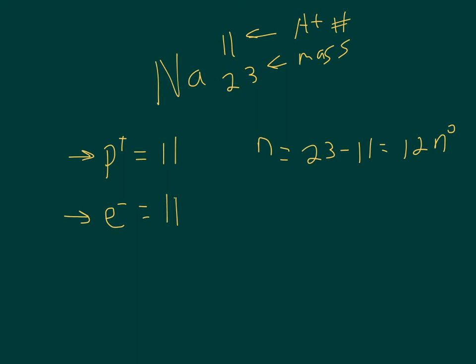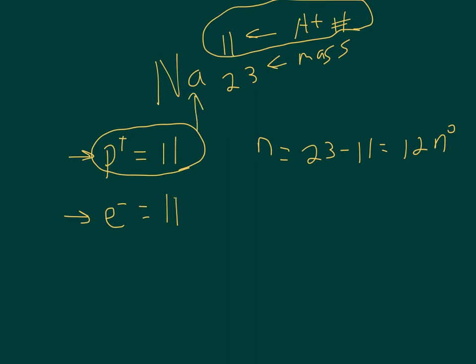If it is sodium, we know that the atomic number defines the element. That doesn't change, and we know that the atomic number is always equal to the number of protons. So if we're going to keep this material as sodium and not change it to a different element, we have to keep the number of protons at 11. We can't change that if we want sodium.